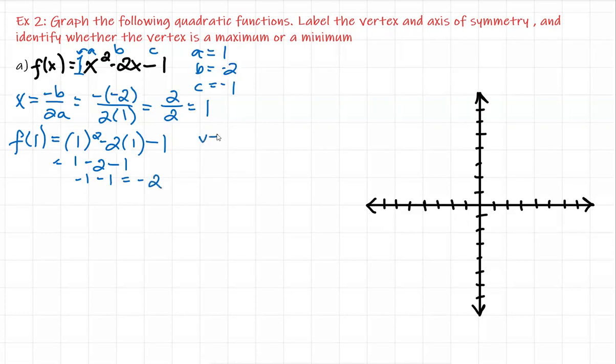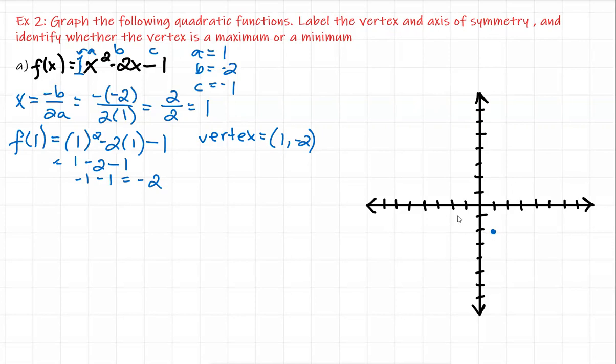So my vertex is 1, comma, negative 2. Okay, so we can plot that right now. 1, negative 2 is my vertex.